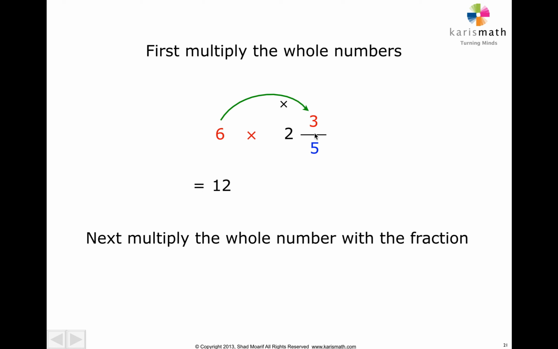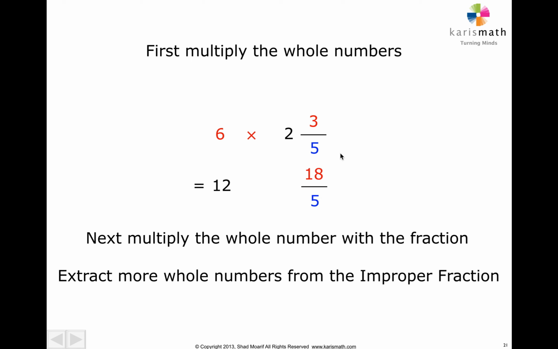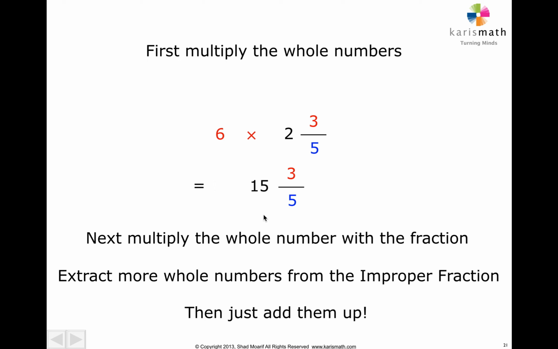So once you've got that, then the answer is 18/5, as we know, and then extract from this improper fraction a whole number and a fraction, and that would be 3 3/5. And then add all the whole numbers up. 12 and 3, that's 15, and that's your answer. 15 3/5.